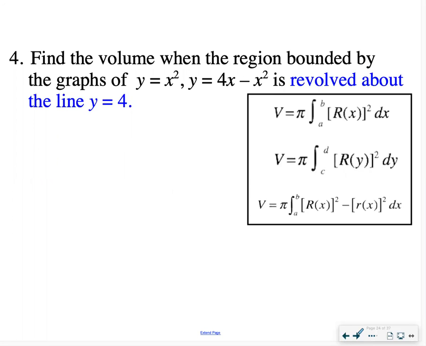All right, let me plot these really quick while you guys are writing this down. So we have x squared and we have 4x minus x squared. This is x squared. This is 4x minus x squared.